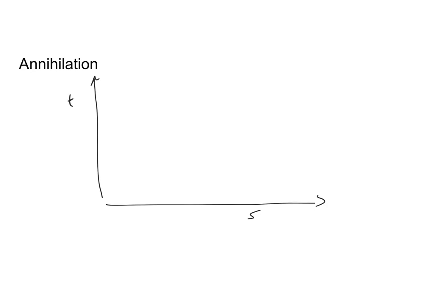So for annihilation, we know that annihilation is when a particle, so for example, an electron, and its antiparticle, so for example, a positron, meet up and turn into a photon. So that's exactly what we're going to draw. So starting at the beginning of time, we have our electron, we have our positron, and they're going to turn into a photon.